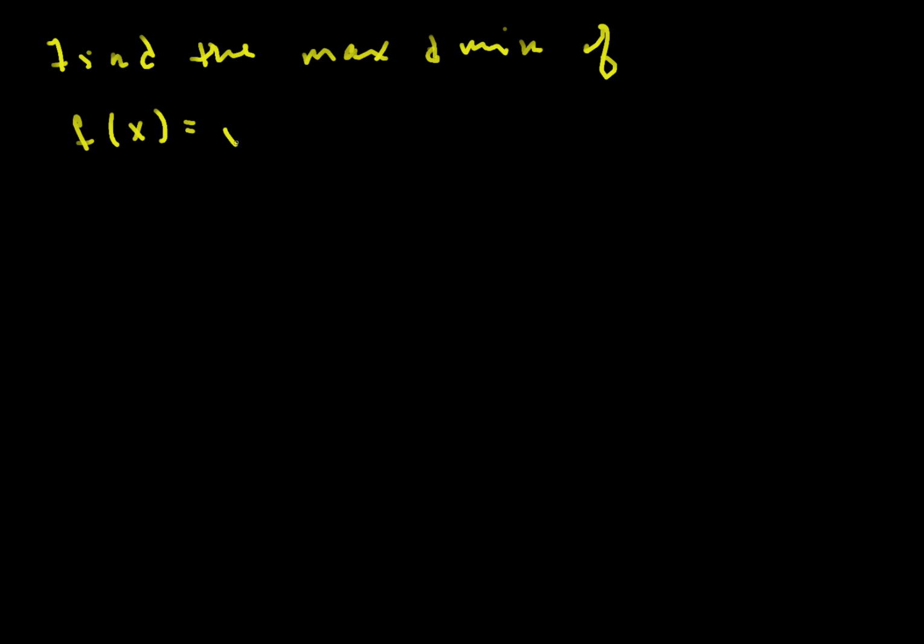Let's find the max and min of f of x equals the square root of 25 minus x squared, and our domain will be the interval from -5 to 5.